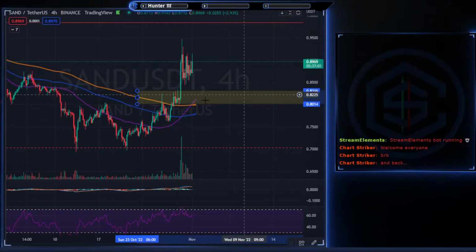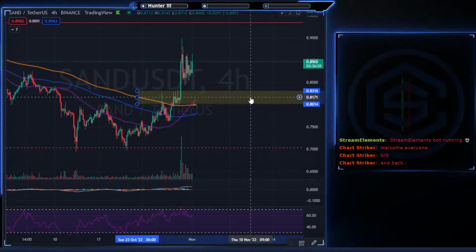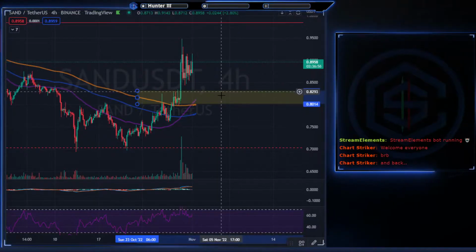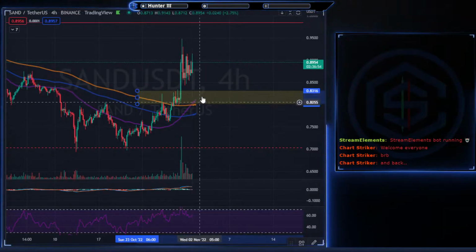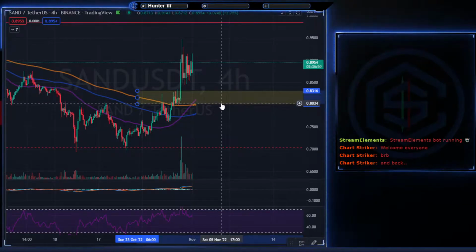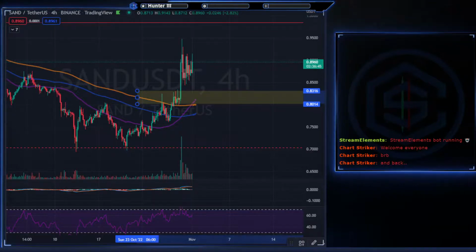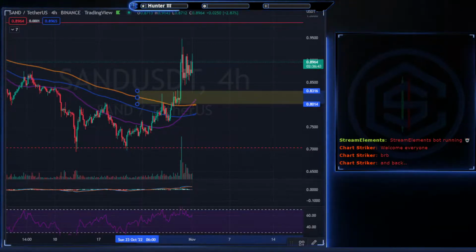So let's take this one more time. If we go below $0.8, like if we come back to this box and we try these levels, it's fine. But if we close 4 hourly below 0.8 levels, there is not much holding us. Not much, okay?